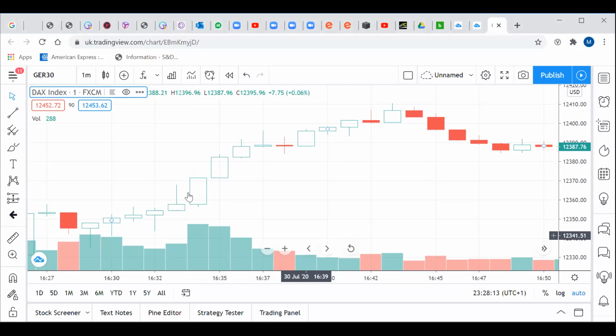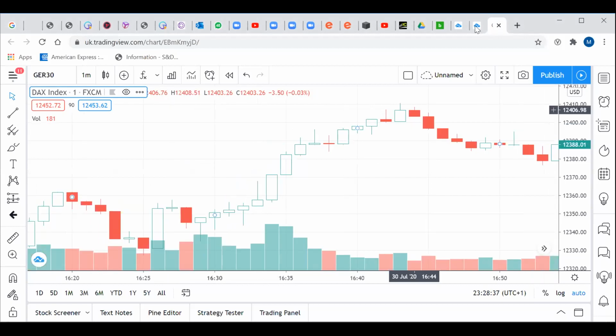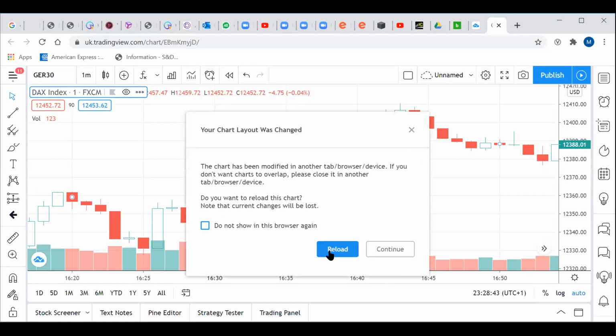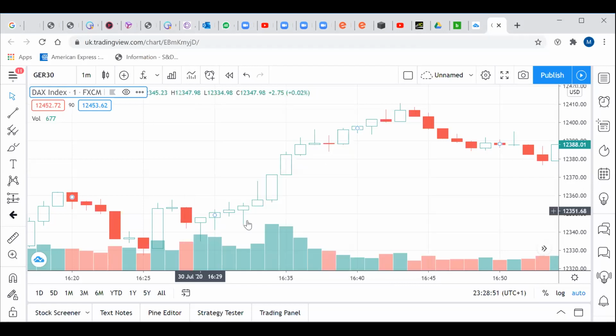So as I was talking about candlesticks, the body means where price has consolidated within that time frame. Right now I'm on the 1 minute time frame, meaning that every single one of these candlesticks represents a minute. If I was on the 5 minute, every one of the candlesticks would represent 5 minutes.